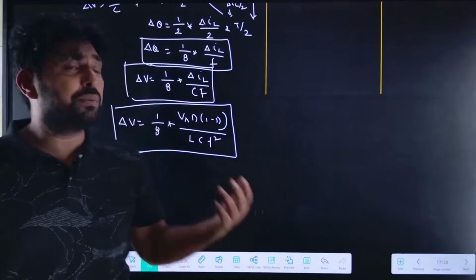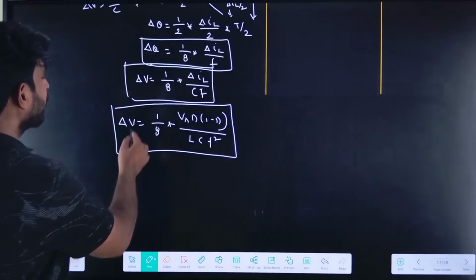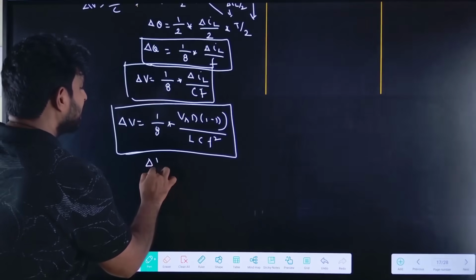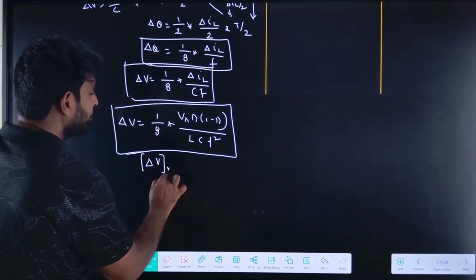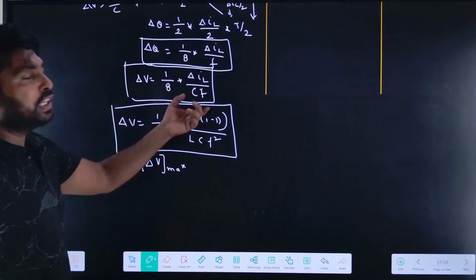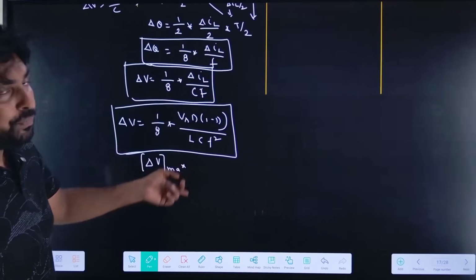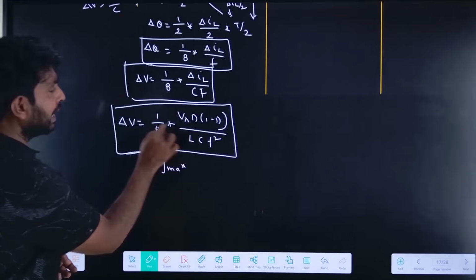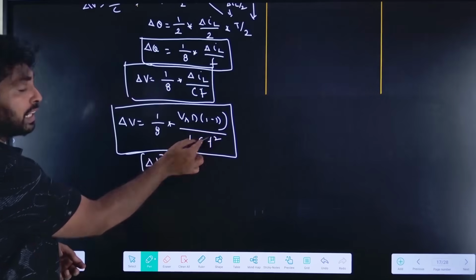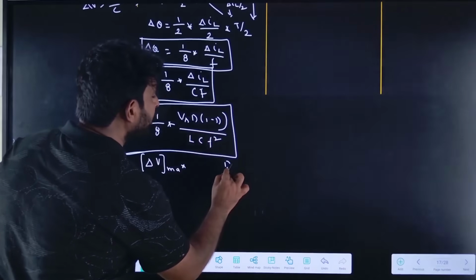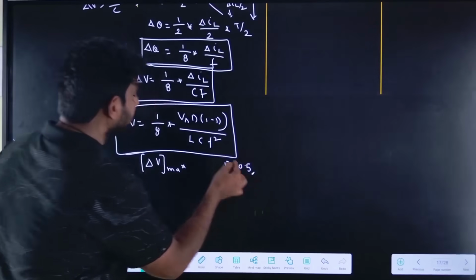So I can find the maximum voltage ripple also. How can we find it? Similar to delta IL max, I need to differentiate with respect to the duty cycle, delta V by delta D. If I find that, at D equal to 0.5 I can get the maximum value.